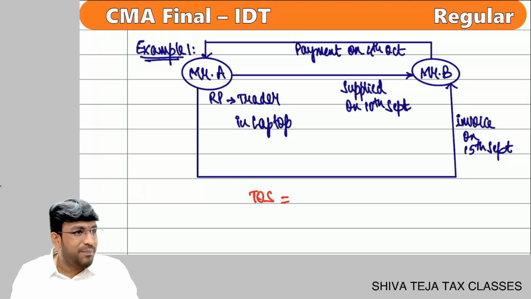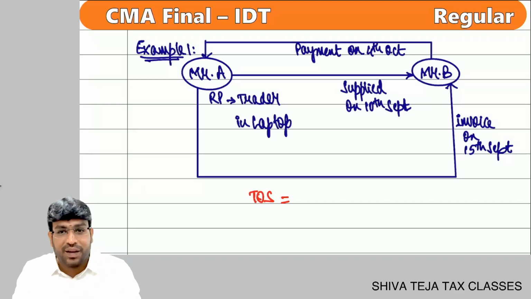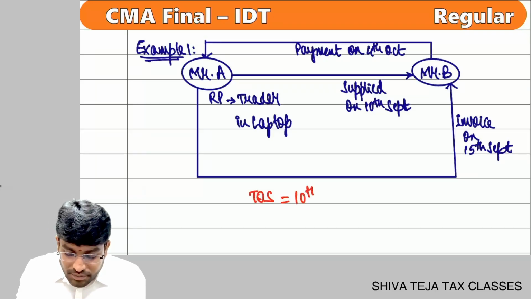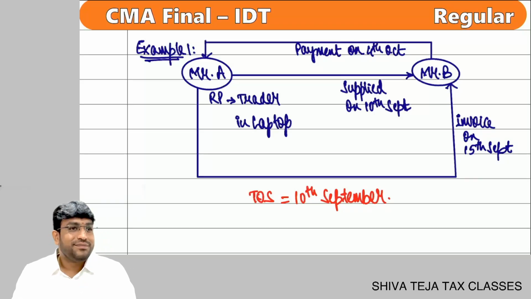And time of supply will be the actual date of invoice or the last date when the invoice ought to have been issued under section 31, whichever is earlier. So the answer will become 10th September. This is the meaning of the word removal. That's why I clarified.